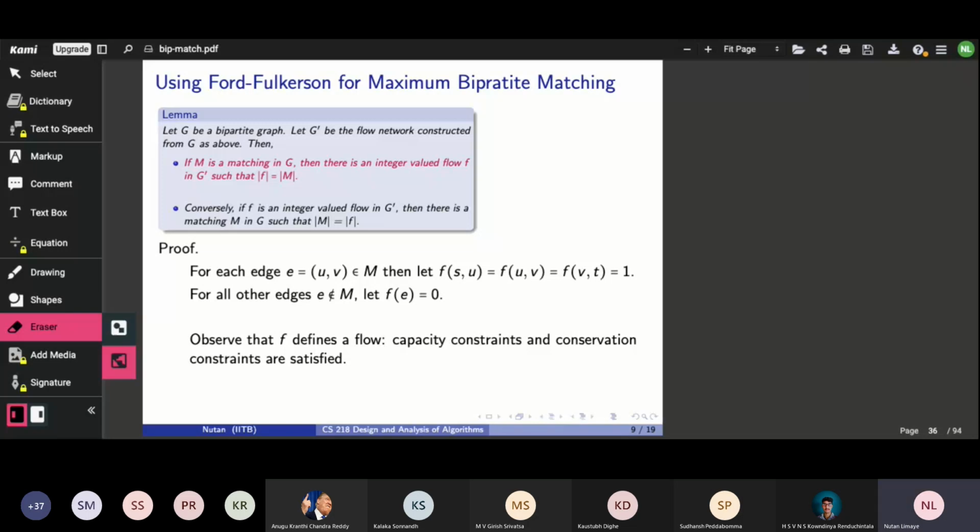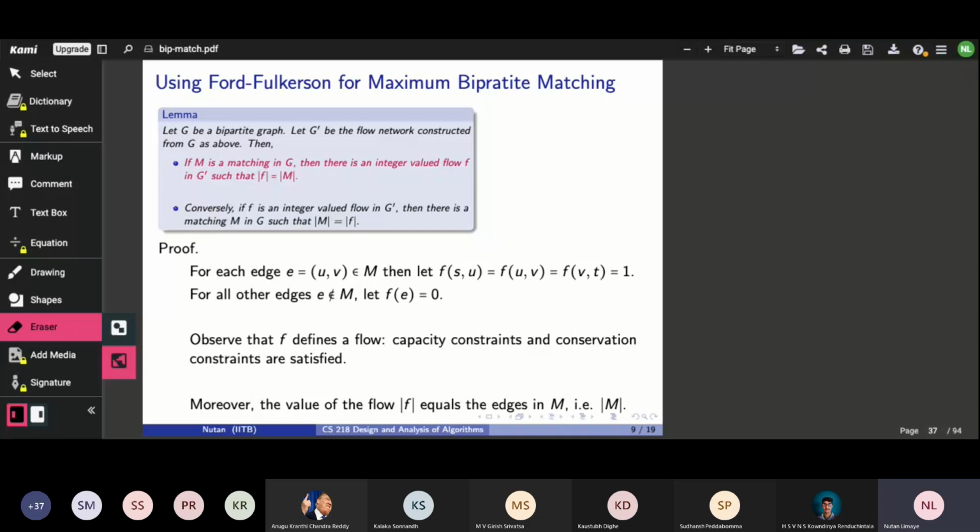And now it is quite easy to see that the value of the flow indeed equals the size of the matching, because for every edge in the matching, we have a flow of value 1. And if you just look at all the edges leaving S and look at the edges that carry a flow of value 1, that equals the number of vertices that are on the X side of the graph that participate in the matching.